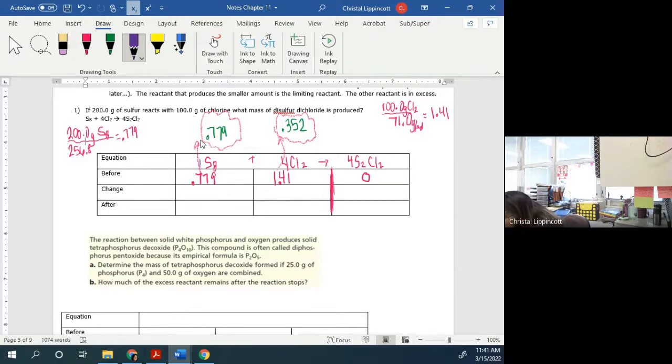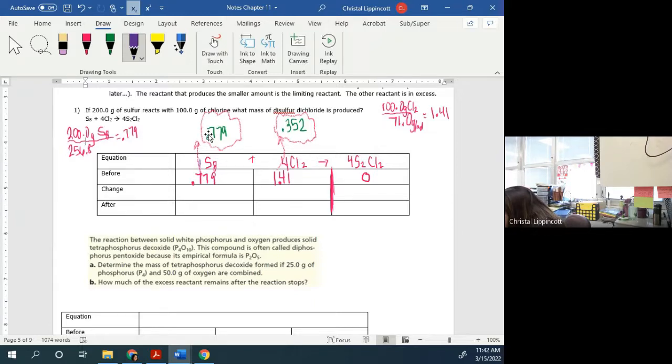I'm just saying, yesterday, or I don't know how many days ago, we would only divide that one. Because the other one we told you was excess. Okay. Now we're not telling you which one's excess. You've got to figure it out. And that's what I'm getting ready to show you right here, is how to figure out which one is in excess. So if we have that number, like 1.41, you're just going to divide it by its coefficient. You divide it by its coefficient, not any other coefficients. The one that's right there.